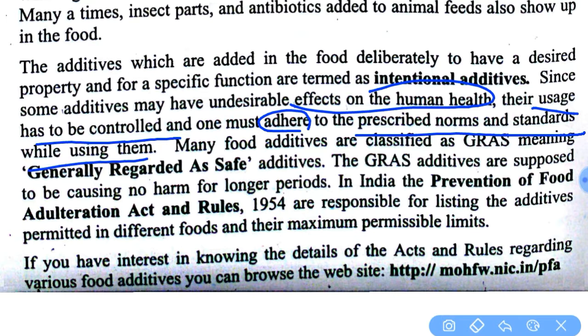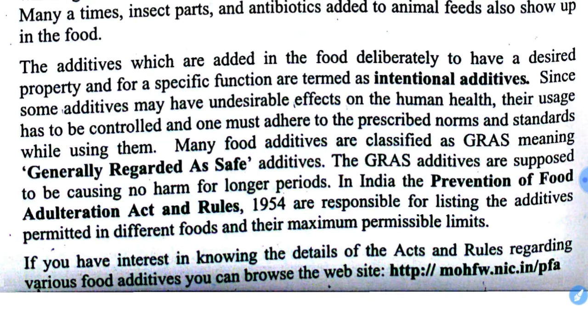He has to obey all the rules and regulations associated with food additives, including what amount has to be used as per the acceptable daily intake. All those things should be considered, and these food additives are classified as GRAS, that is, generally regarded as safe additives, meaning these additives are supposed to cause no harm over a longer period of time.